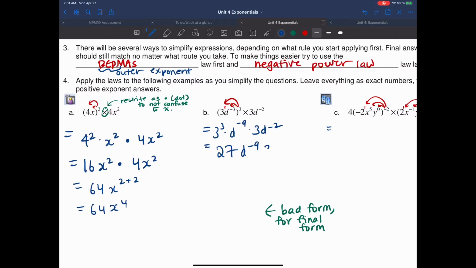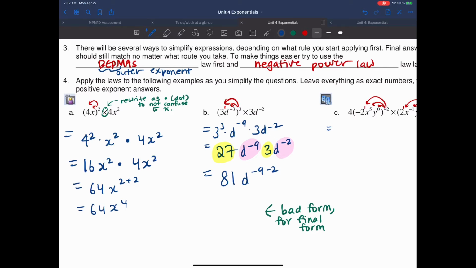So 3 to the exponent 3 is 27, and then I have d to the negative 9, 3, and then d to the negative 2. So I'm going to highlight the parts that are going to be multiplied together. So the coefficients are going to multiply together, and then I have the ones with the base of d. So as my next line, I have to figure out 27 times 3, which is equal to 81.